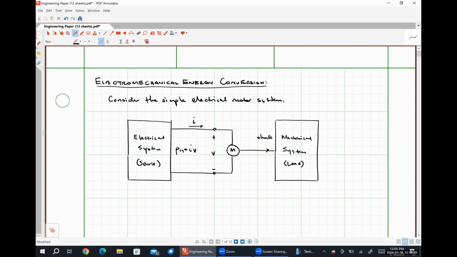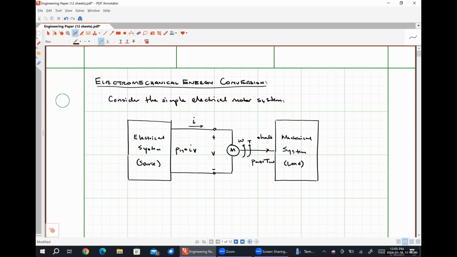So, if we supply electrical power to our motor, what we're going to see is that our motor will rotate with some angular velocity omega, and that will in turn develop a torque, capital T, oriented in the same direction as the rotation, and our output power is simply our torque times our angular velocity omega.